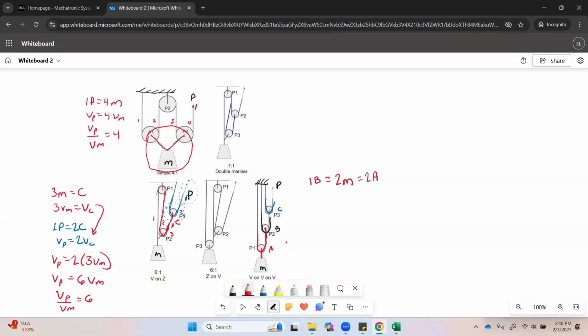Some people like to think of it that way. So 1 rope pulling on B equals 2 ropes pulling up on M. And then for the black rope, it is going to be just the same. We're looking at now here on B, we have 2 ropes pulling up on pulley B, and we have 1 rope pulling on C.